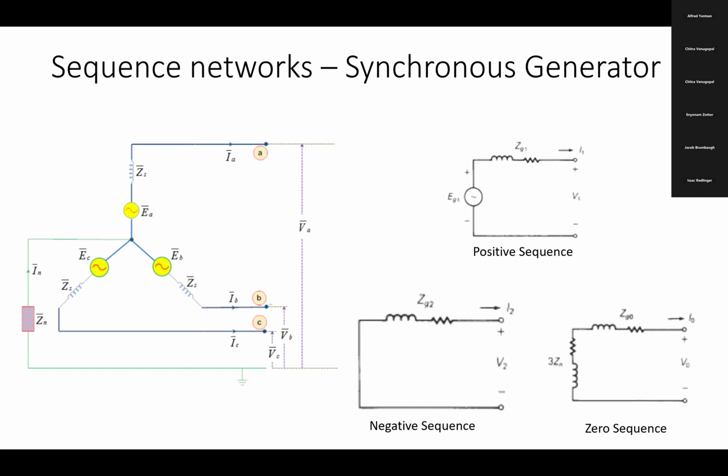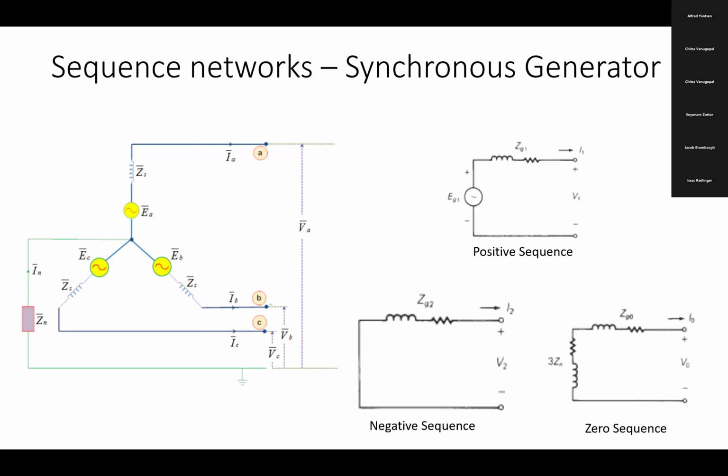Even though the voltage source is here in all three phases, when you are drawing it in sequence components, only the positive sequence must have that voltage because it's a balanced network. All three phases are carrying the same voltage value. So that voltage must be represented only in the positive sequence.